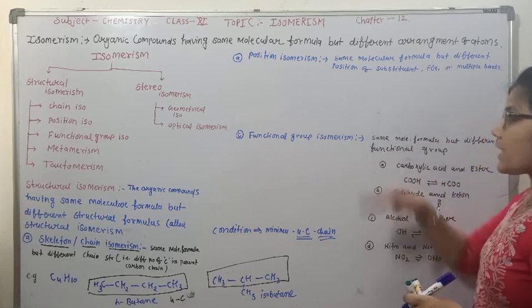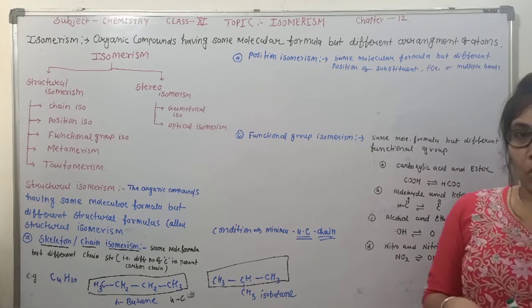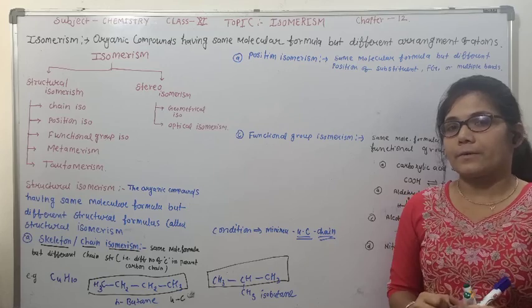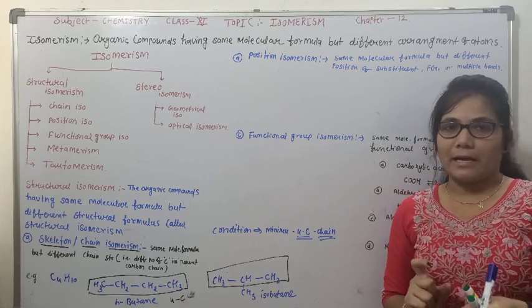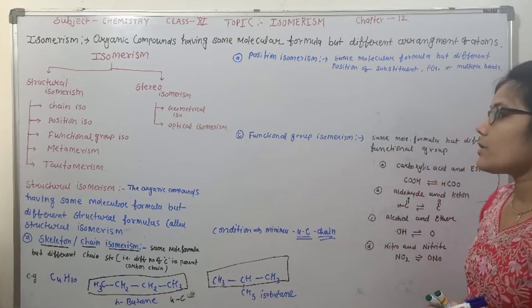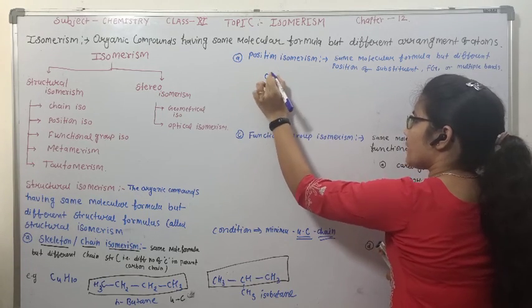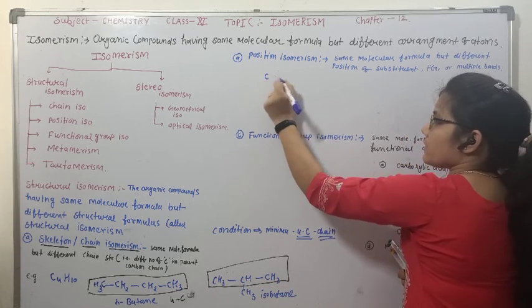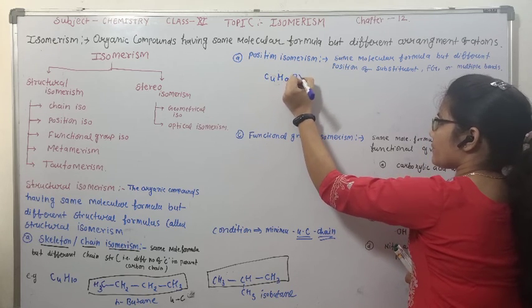Now the second isomerism, that is position isomerism. From the name it is very clear, different positions are there. Let's take a compound with the molecular formula C4H9Br.